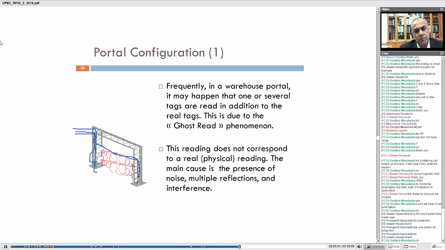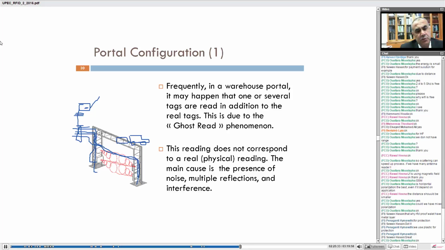So these antennas are connected to the reader. You have cable, reader and then to the computer.